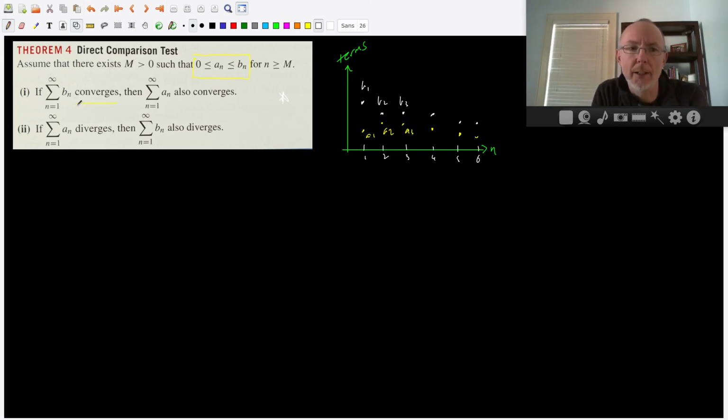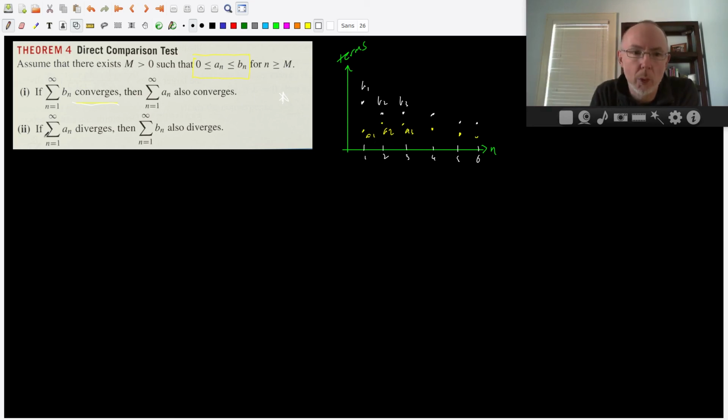So if I add up a bunch of bigger numbers and it converges, then that list of smaller numbers, when I add them up, must converge also. Very straightforward, right? And then the second piece is just the other way around. If it turns out that I add up the small numbers, and that list of numbers, when I add them up, goes off to infinity, then when I add up bigger numbers, that must also go to infinity as well.